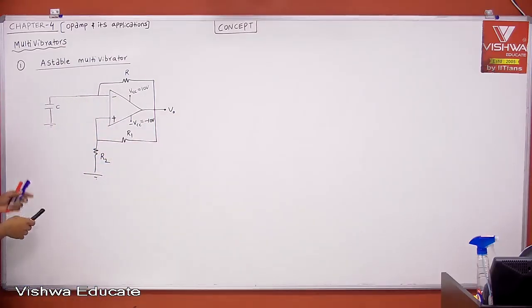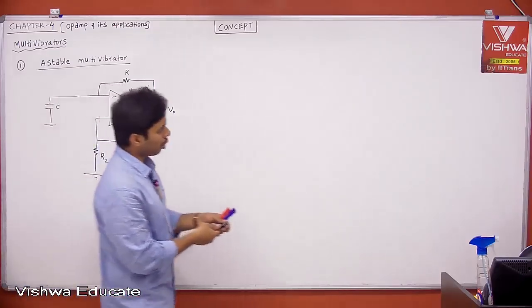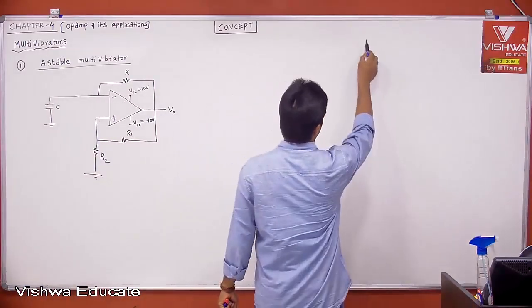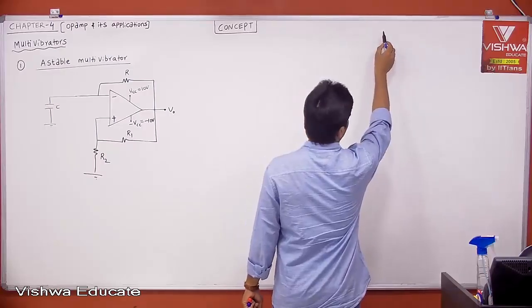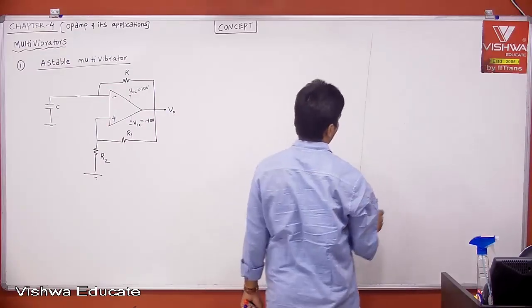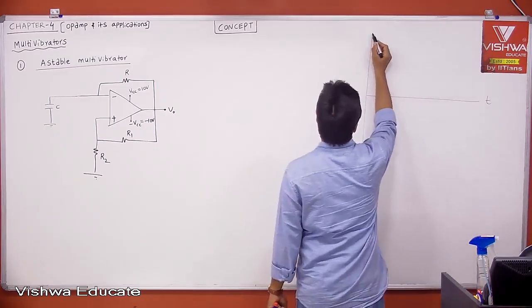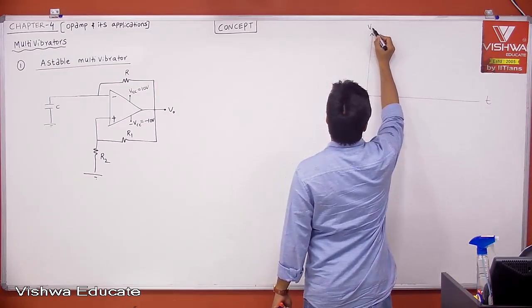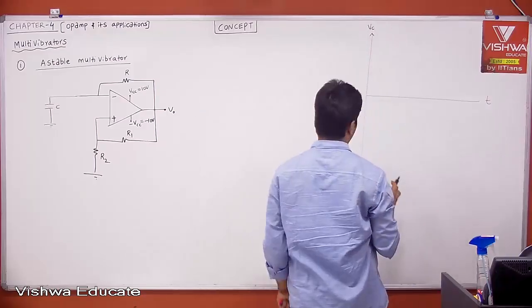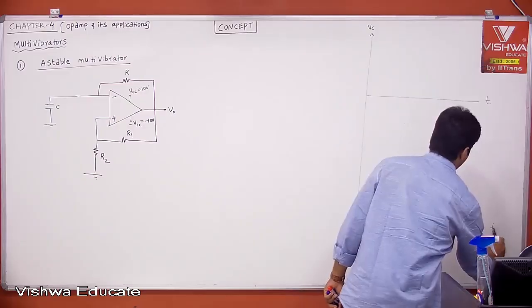Now see, if the voltage across the capacitor is 0, now what I want to do, I want to plot, just don't write, listen here. Okay, now this is time t. Now I want to plot voltage across the capacitor Vc, and I want to plot V0. Okay, and this is the time axis.